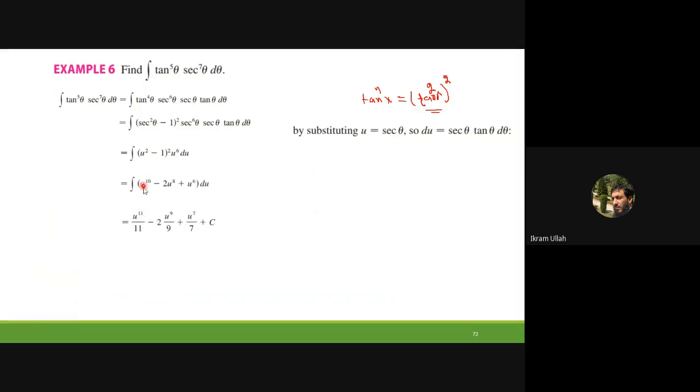We get u to the power 11 divided by 11 minus 2 u to the power 9 divided by 9 and u to the power 7, increasing the power by one and dividing by it, and this is the constant of integration. Then using back substitution, u is equal to secant theta, this integral can be written in this form.